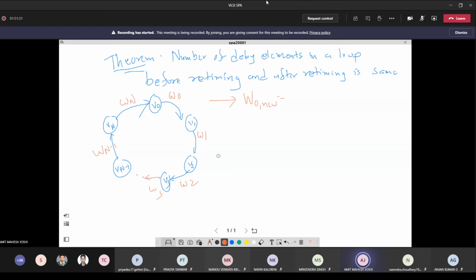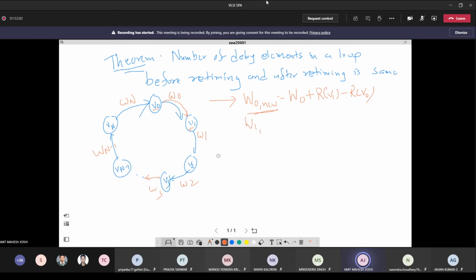So W0 new in my retimed graph would be W0 plus R of V1 minus R of V0. That means for this particular edge, I have defined the equation, where W0 new is the new weight after applying the retiming value.